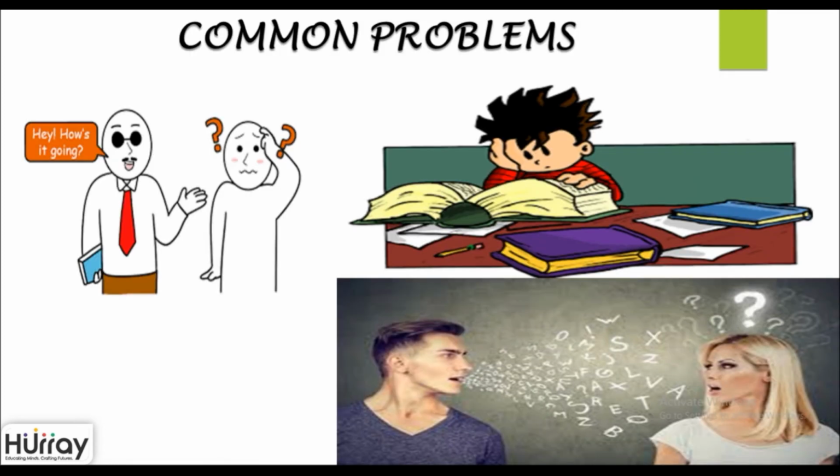Some of the common problems that students often face are as follows. The first one is the inability to identify what accent is being used. As a result of this, students often miss out on key information or important information. The other is the lack of vocabulary knowledge.